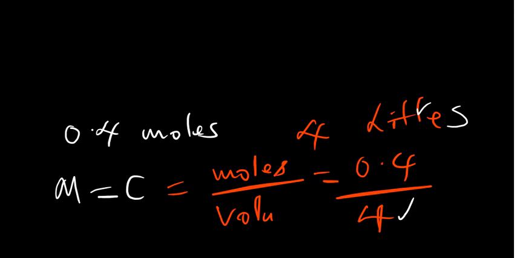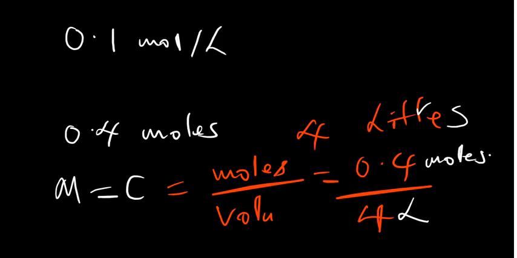Remember our units are liters and moles. So what are we going to have? 0.4 divided by 4, is that going to be 0.1? So it's 0.1 moles per liter.